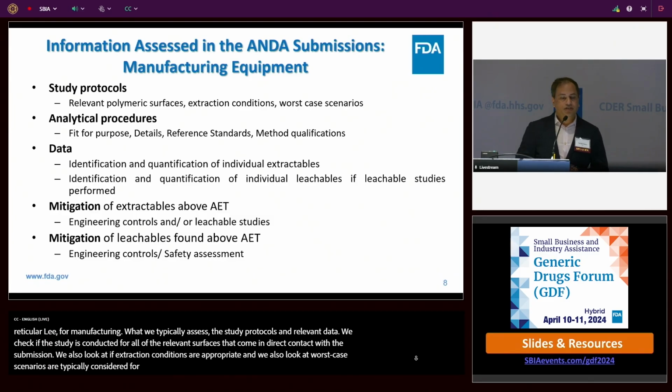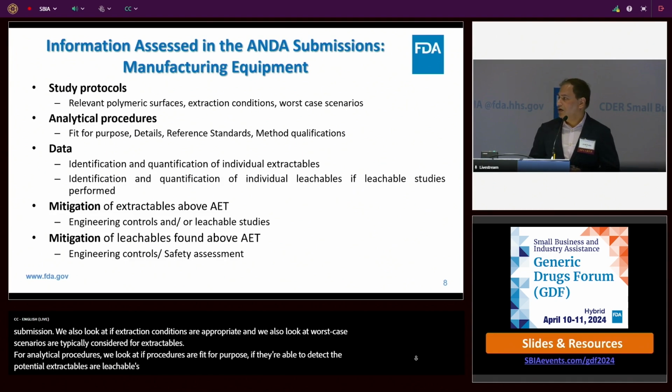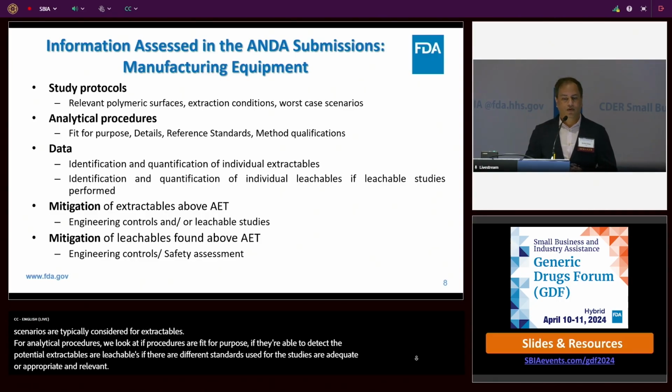For the analytical procedures, we look at if the procedures are fit for purpose, if they are able to detect the potential extractables or leachables, and if the reference standards used for these studies are adequate, appropriate, and relevant. And then we also look for any method qualification reports provided for these analytical procedures.